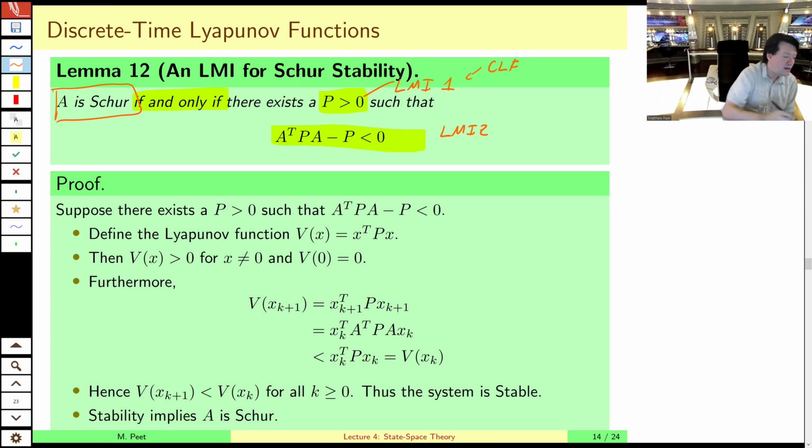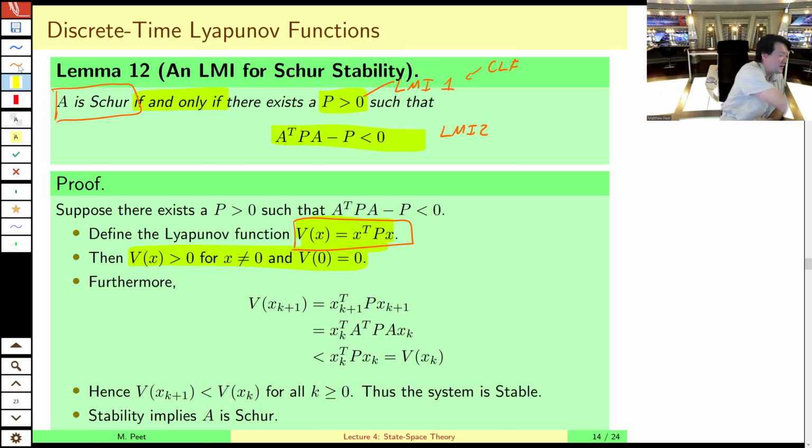And again, sufficiency is relatively easy in this case, right? We define the candidate Lyapunov function, x transpose P x, exactly the same candidate Lyapunov function as before. It's a candidate Lyapunov function for exactly the same logic as before. Now, we don't have a derivative, we have to advance it at each time step.